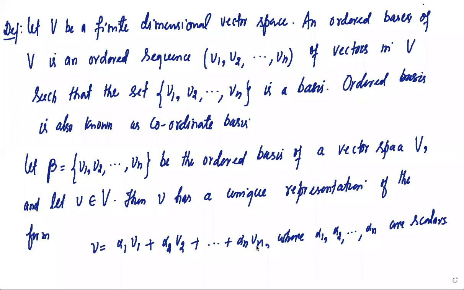And similarly, vn is the nth vector in the basis. So therefore, we call this alpha n the nth coordinate in this representation of v as a linear combination of the basis beta. So now we have introduced the notion of this ordered basis. We can call these coordinates the scalars.